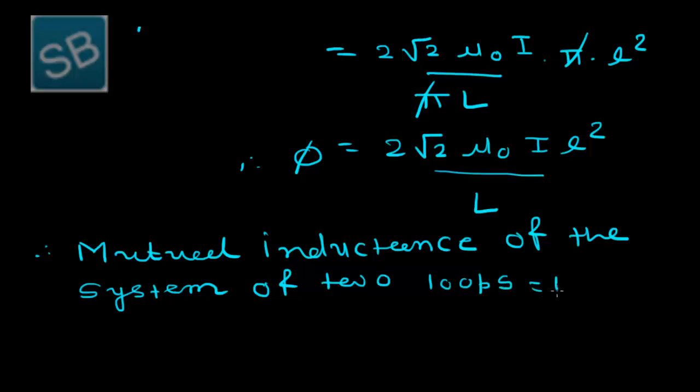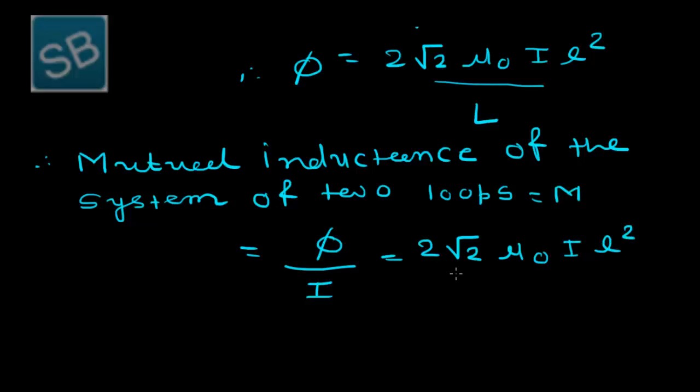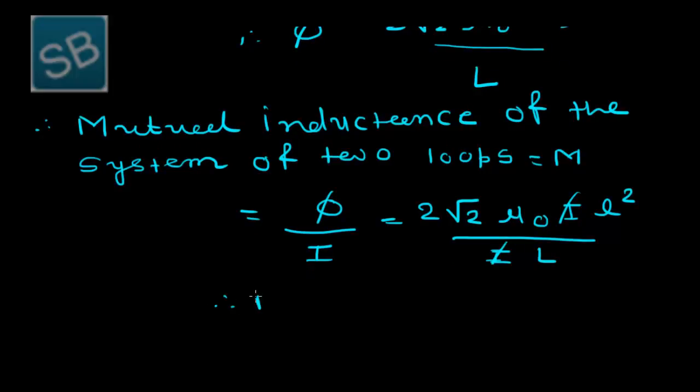That is equal to M, and is equal to phi over I, that is equal to 2 under root 2 mu 0 I L square divided by capital I into capital L. Now you see this I gets cancelled out, and therefore the mutual inductance of the system will be 2 under root 2 mu 0 L square divided by capital L, and hence this is the required equation in illustration number 10.